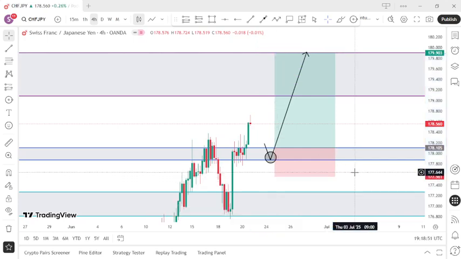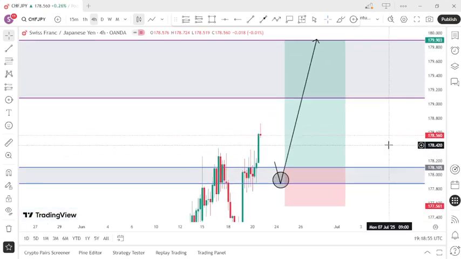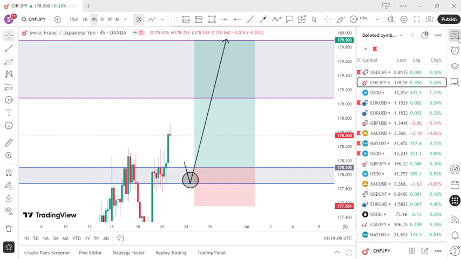So this is how we pick the entry on CHFJPY, and it will be a very nice trade if price comes back for our entry. So that's it on CHFJPY. Let's move on to the next pair.